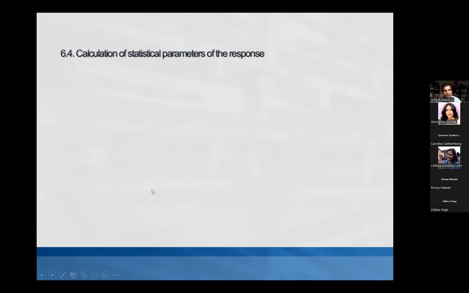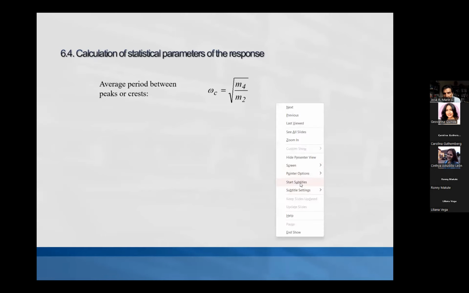Now, after we have calculated these moments, what can we do? Well, there are several things that we can do. For example, if we know the M4 and M2 moments, we could calculate in this way, and that represents the average period between peaks or crests. Let me remind you, we have something like this.